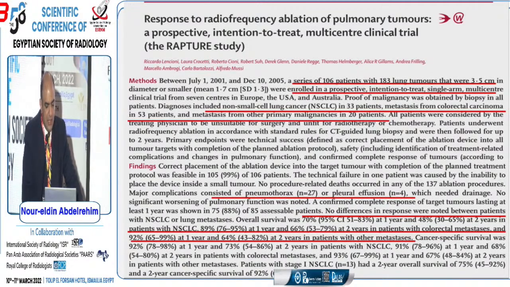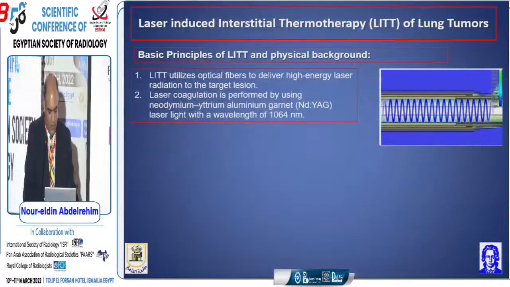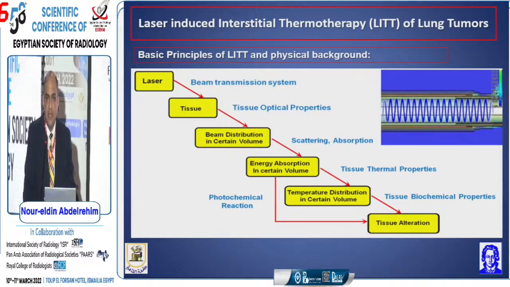Complications like pneumothorax had an incidence in 27 patients, which is less than 10% of the population group, and the tumor survival was up to 95% in the first year for the primary lung cancer, and up to 83% for the cases in the metastatic group.